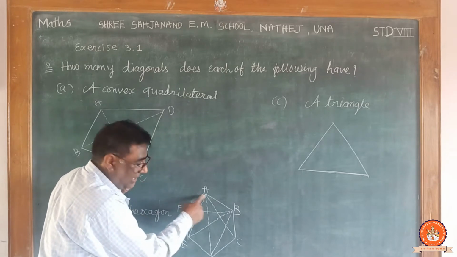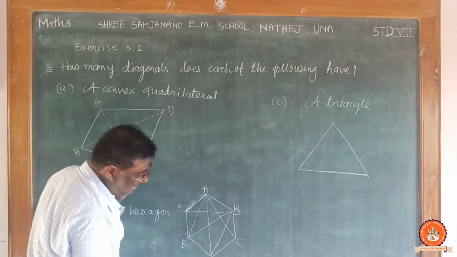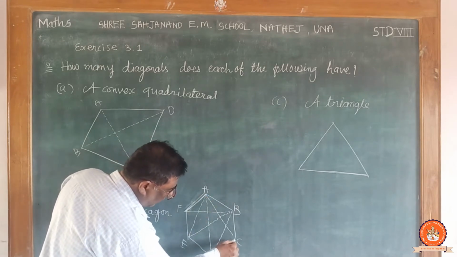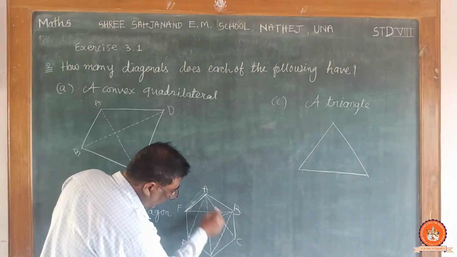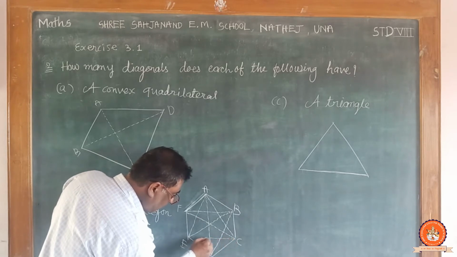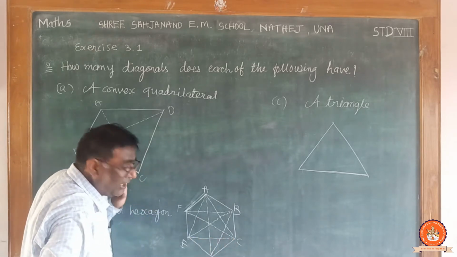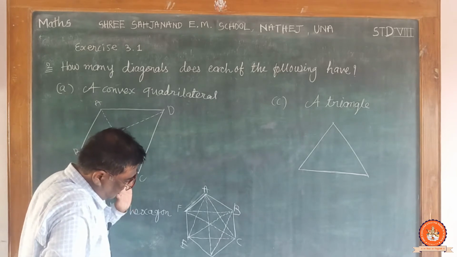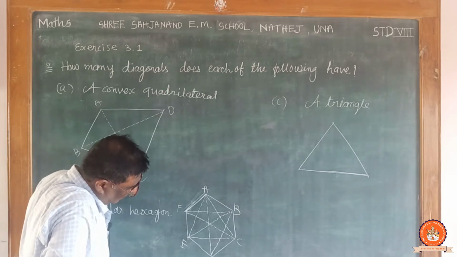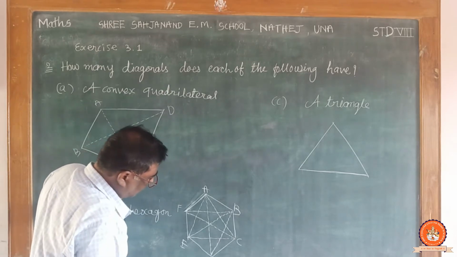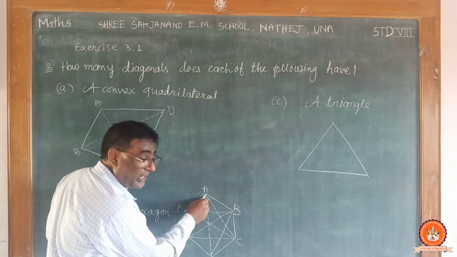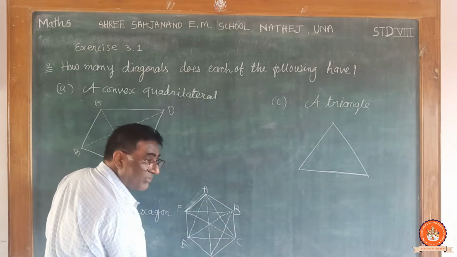So 3 from A, 3 from B. Now from C, CA is already there, so it's CF, then CE. So 3 from A, 3 from B, 2 from C because CA was already there. 3 and 3 are 6, and 2 more, 8.